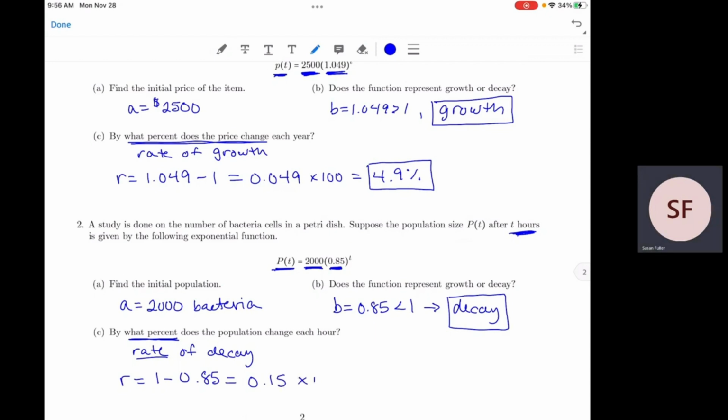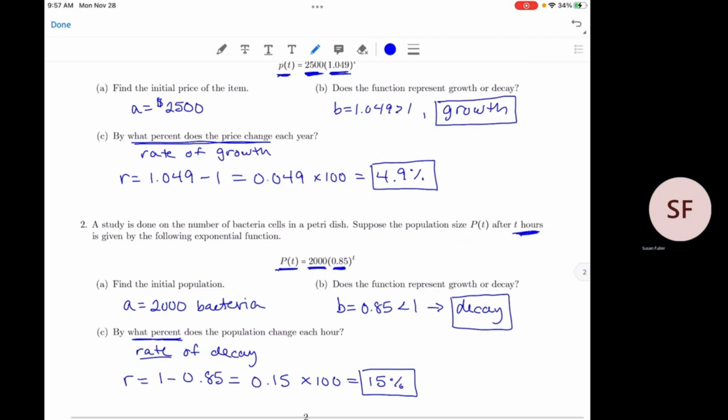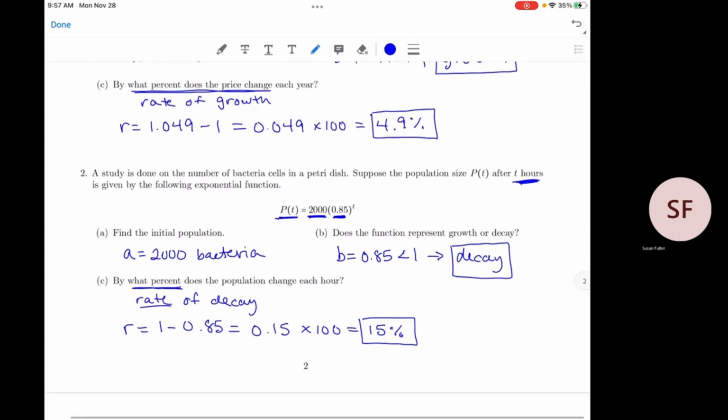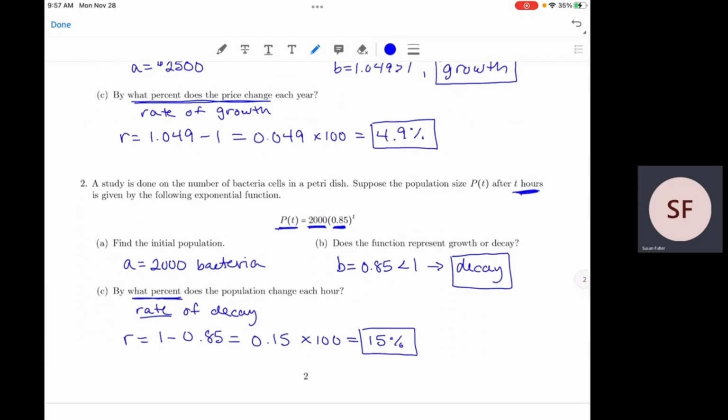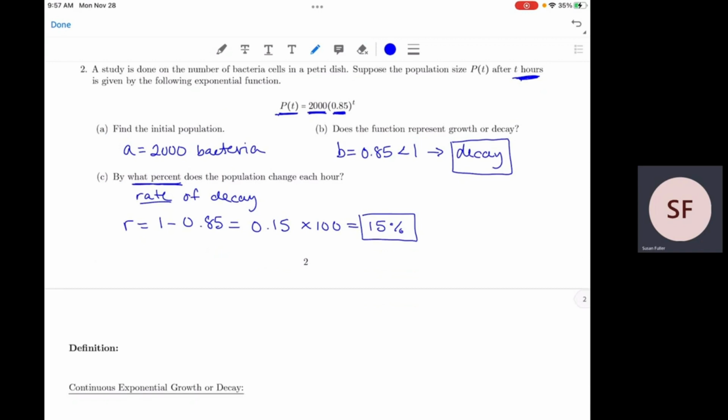We're going to multiply that by 100 to get a percentage, and that's going to be 15%. That is our rate of decay. So that means the population is decreasing by 15% each hour. All right, and that is how we use a general exponential growth or decay model.